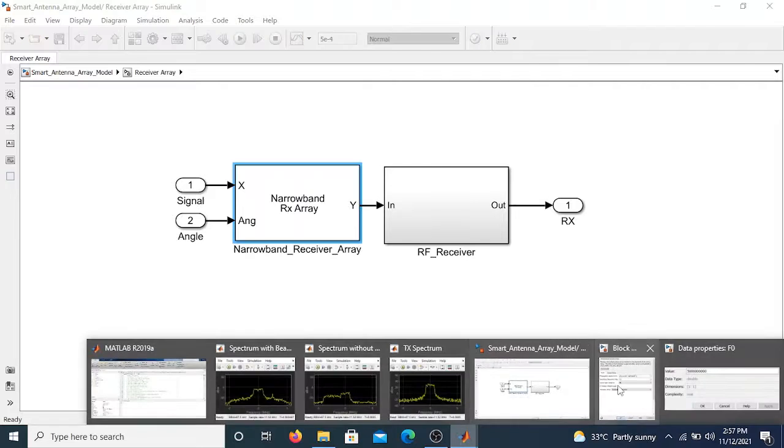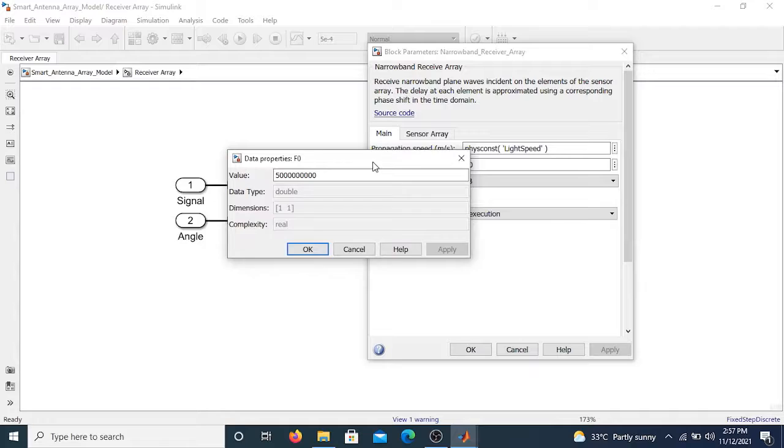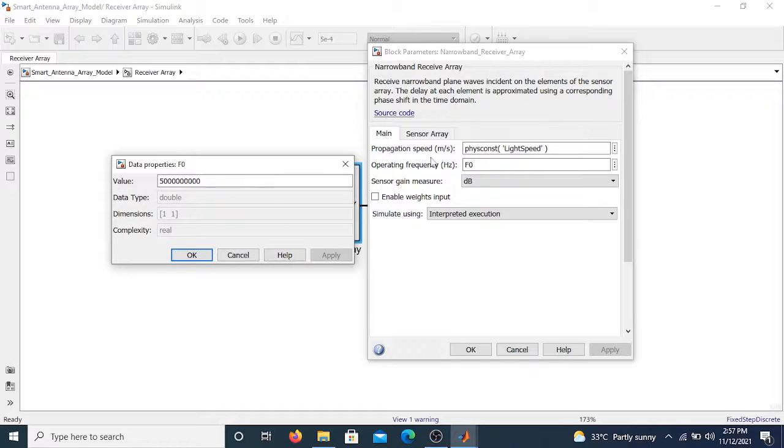As we open the dialog box of the operating frequency, just to confirm that it is indeed operating at 5 gigahertz. This is the value which we decided to go along with, as I decided to make use of 5 gigahertz, which is most applicable in 4G applications.